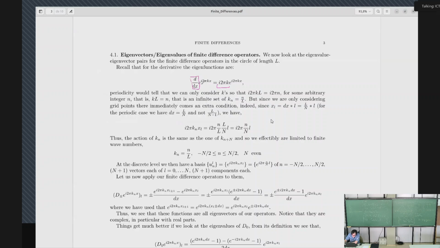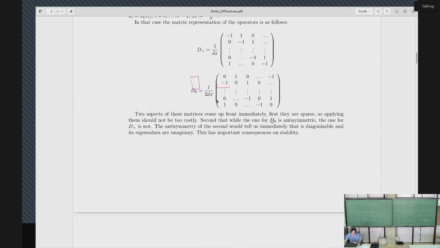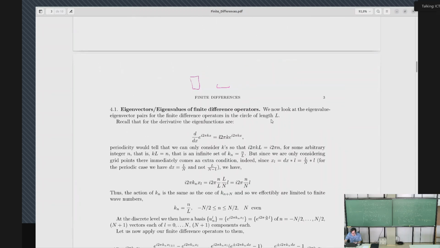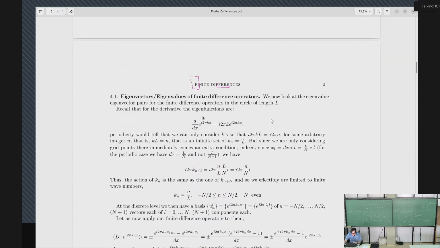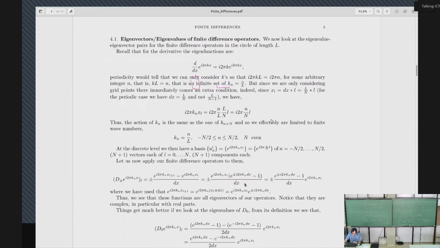If you take a function of this kind, we will get the same function again, multiplied by some eigenvalue, which is purely imaginary, right? So in our case, what we are doing is taking this operator here instead of this derivative, and we want to see what happens with those eigenvalues, the actual eigenvalue of the derivative operator, and see what's going on.